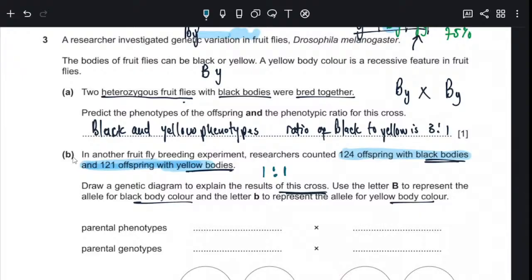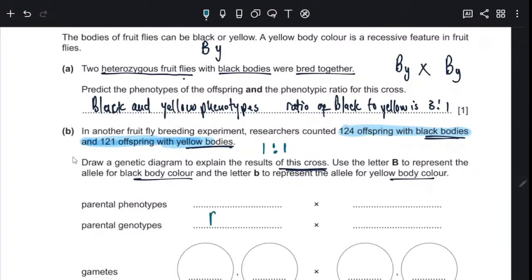So we can tell that, what did we cross here? Tell me the parental genotypes. We crossed a heterozygous parent with a homozygous parent. Is it not?